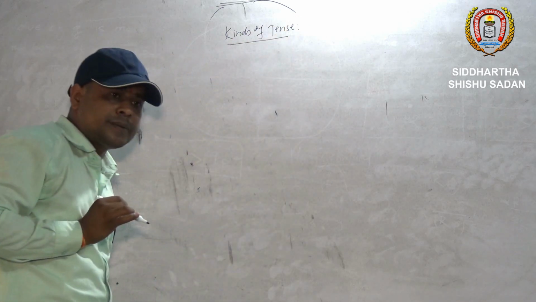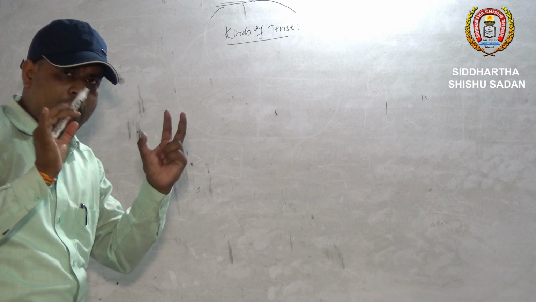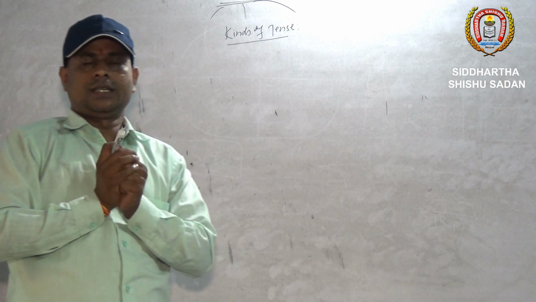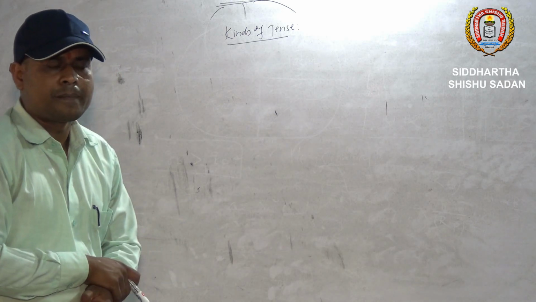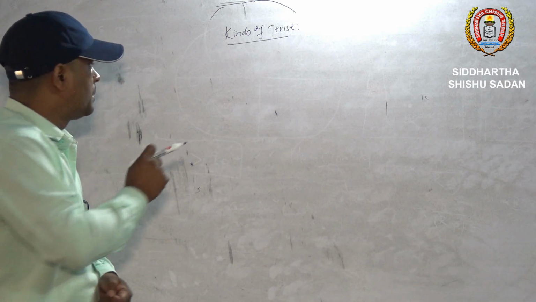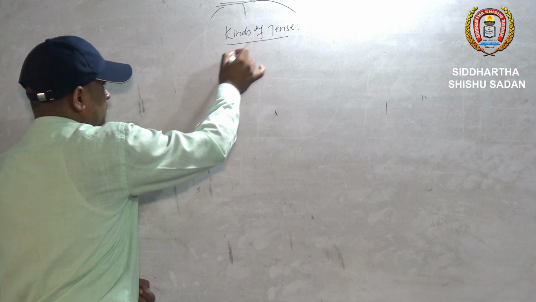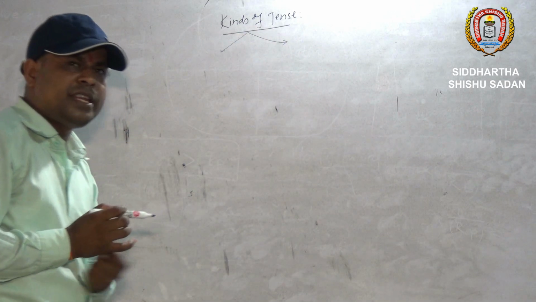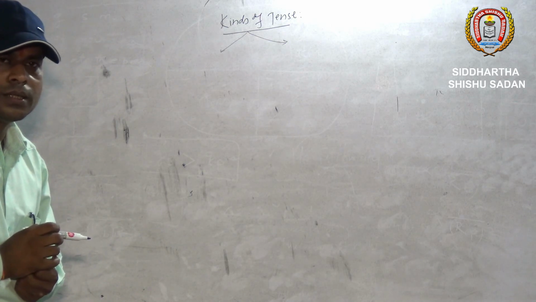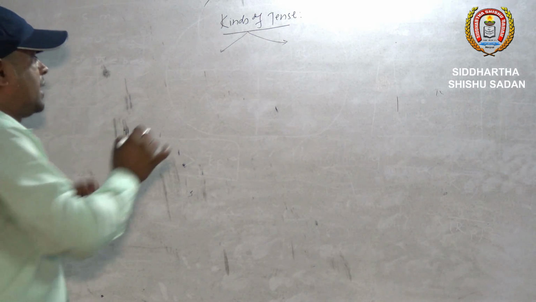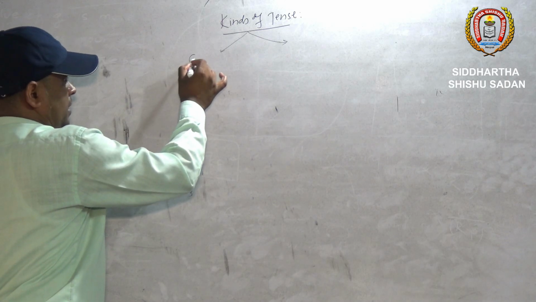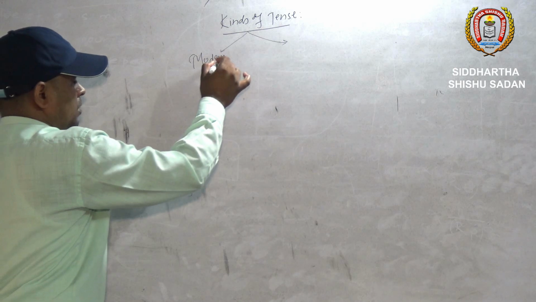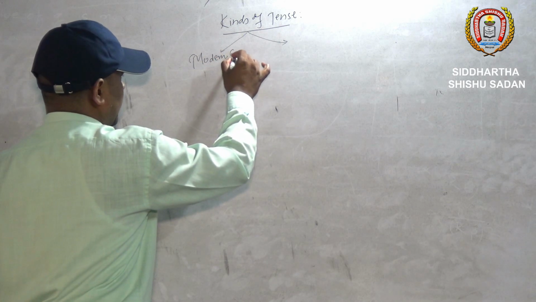Dear students, there are two approaches regarding its types, regarding its kinds. If on the basis of modern grammar and grammarians, tense is only of two types according to the modern approach.